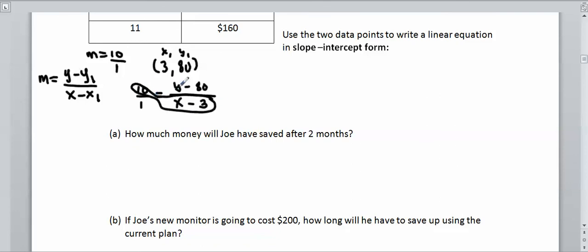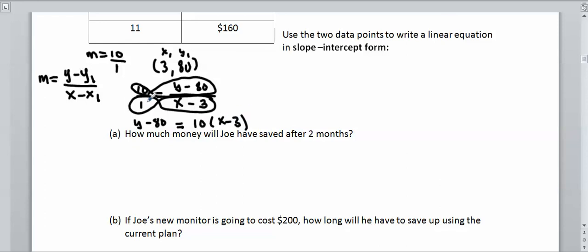Okay, so bottoms times the opposite tops. Right, so I start with the y's. So y minus 80 is equal to 10 times x minus 3.